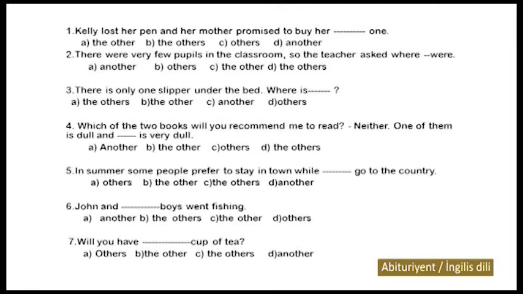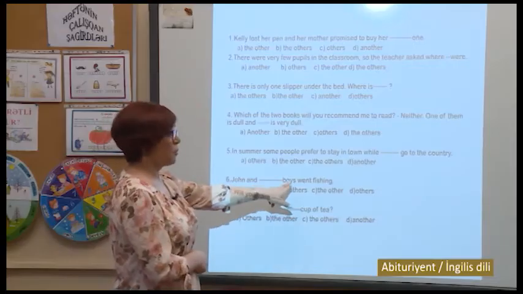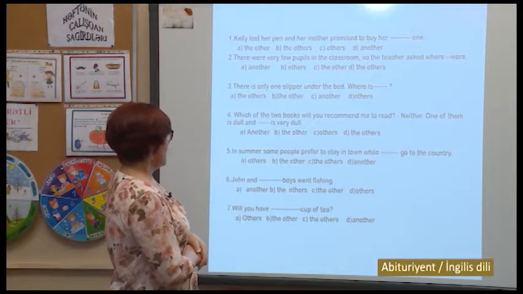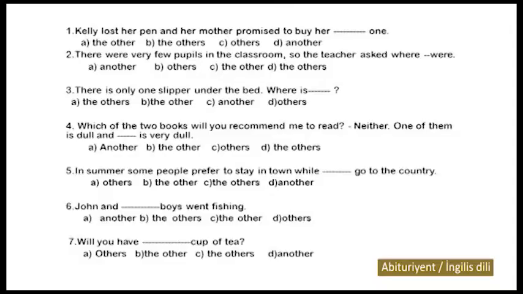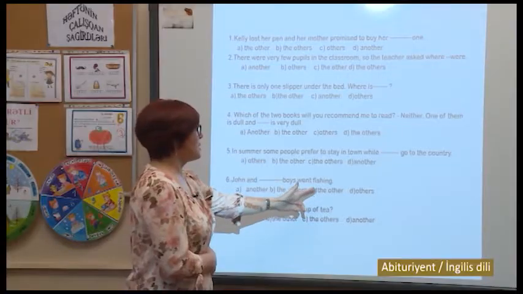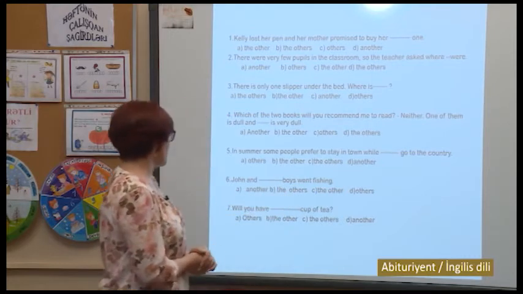John and which one? We can't use "another" because boys is plural. Then we can't use "the others" because if "other" is used as a determiner, it can't be used in plural. So it is the same with the D variant. In that case, the C variant is correct: the other boys.